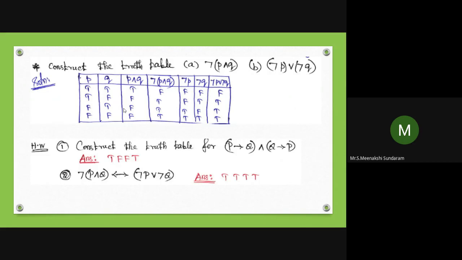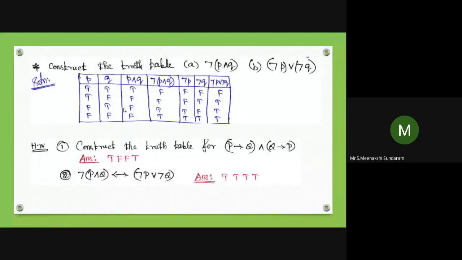Can you identify which? Yes, biconditional, because if both inputs are the same, the output is true, and if the inputs are different, it is false. The negation of that is exclusive OR.